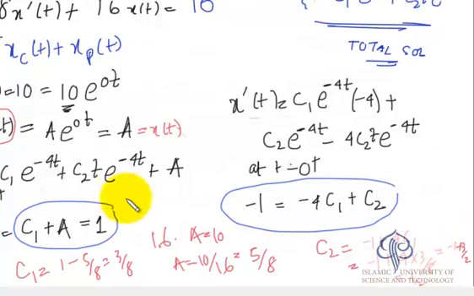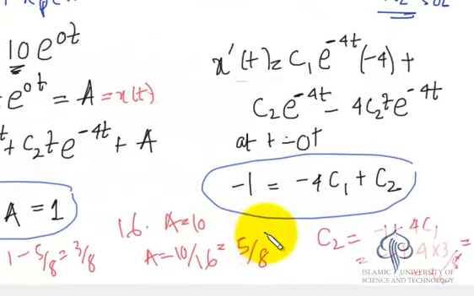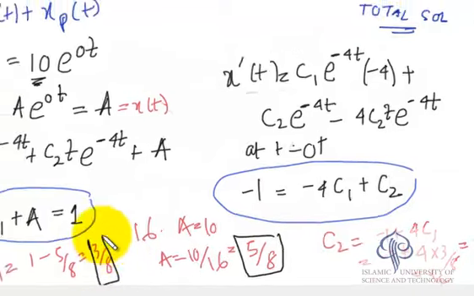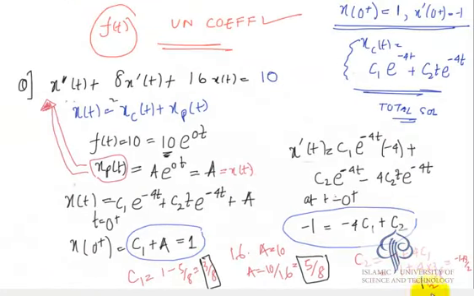So we have the values of the 3: a is 5 by 8, c1 is 3 by 8, and c2 is 1 by 2. So the solution is obtained by putting these three values in the original equation.